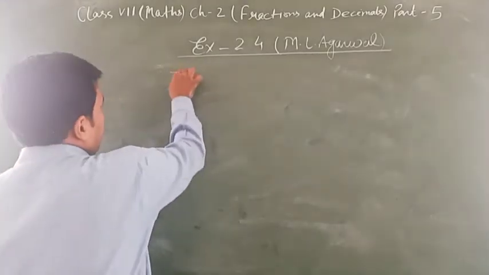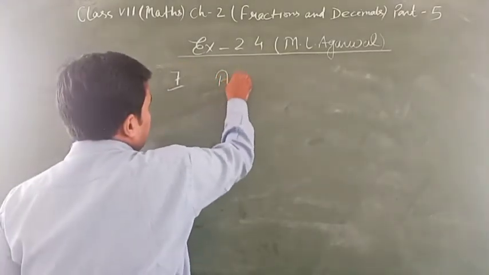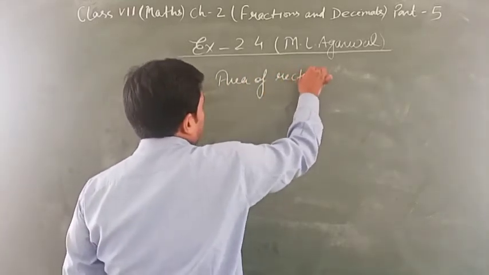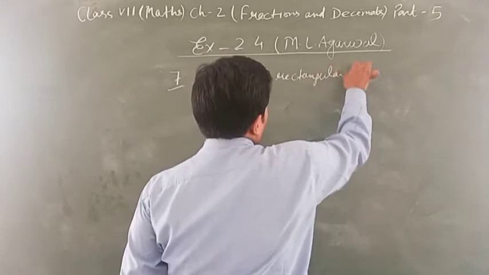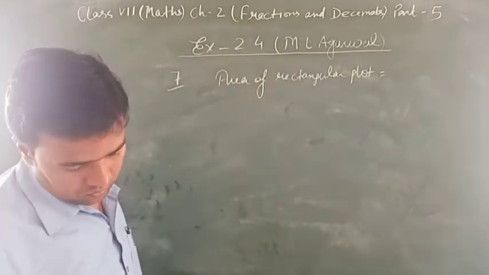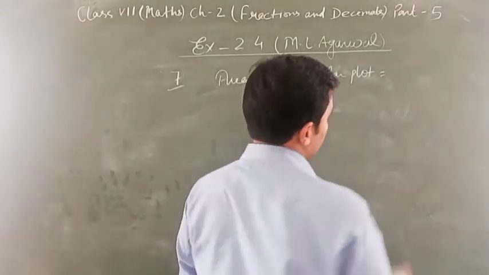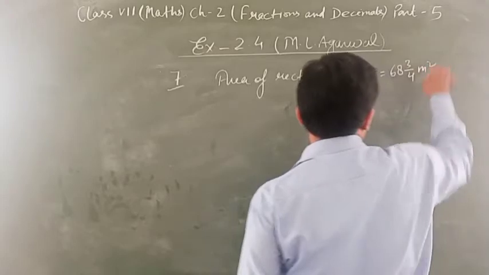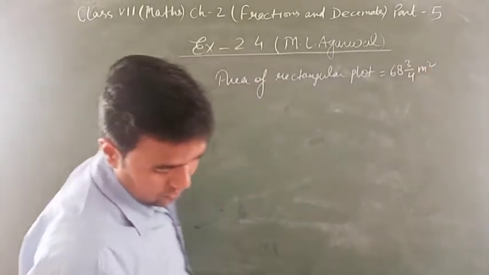Question number 7: area of rectangular plot equal to 68 whole 3 by 4 meter square.